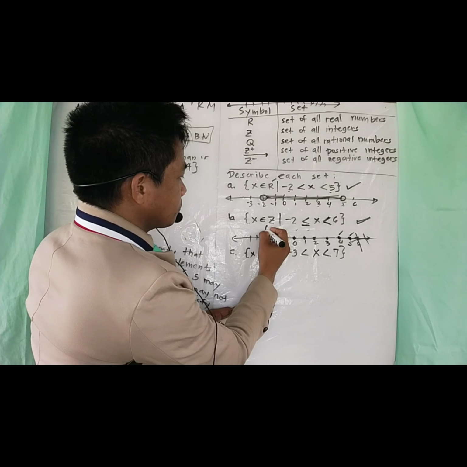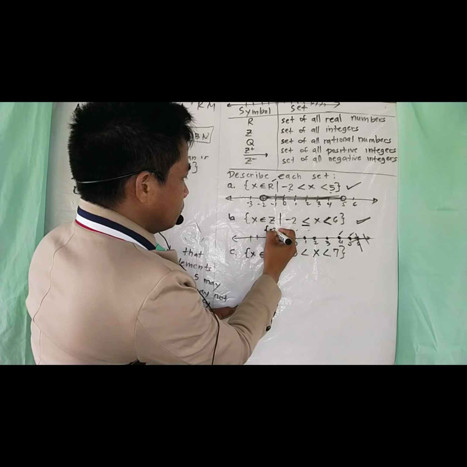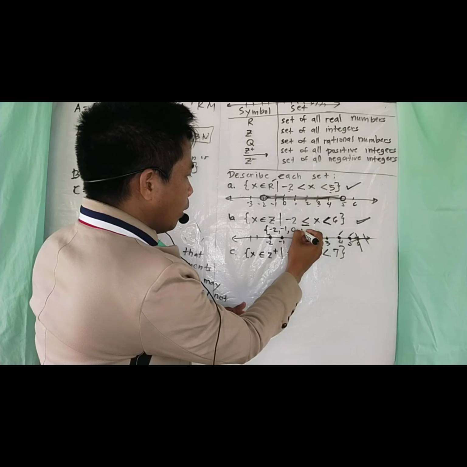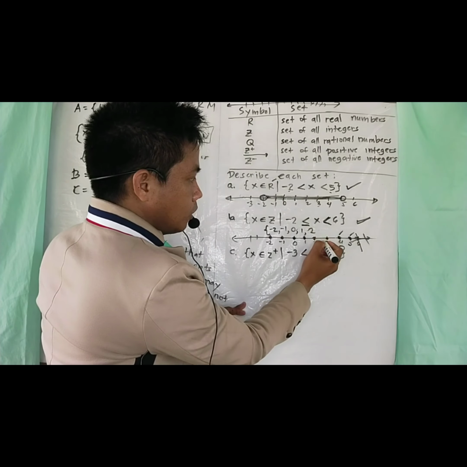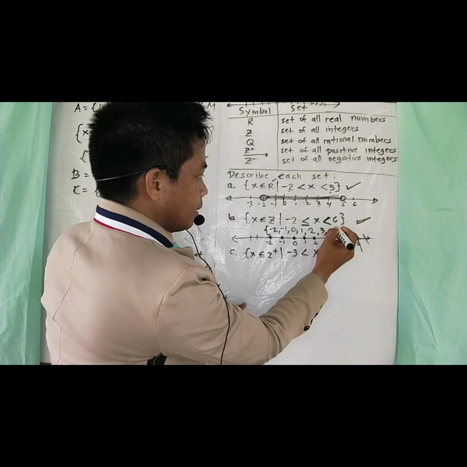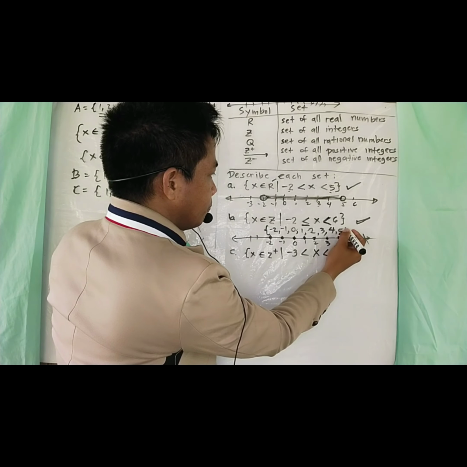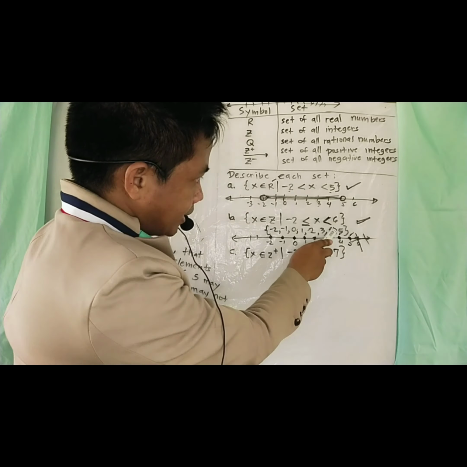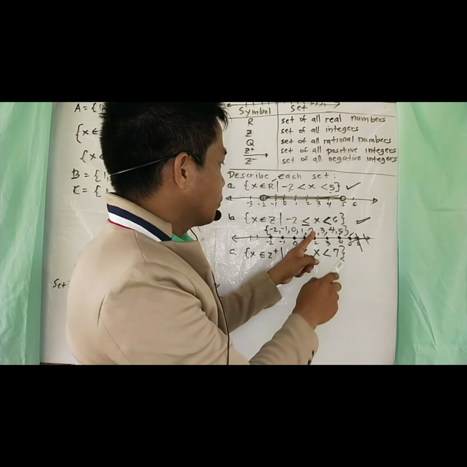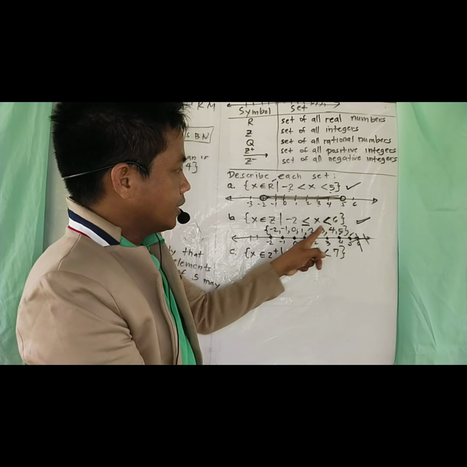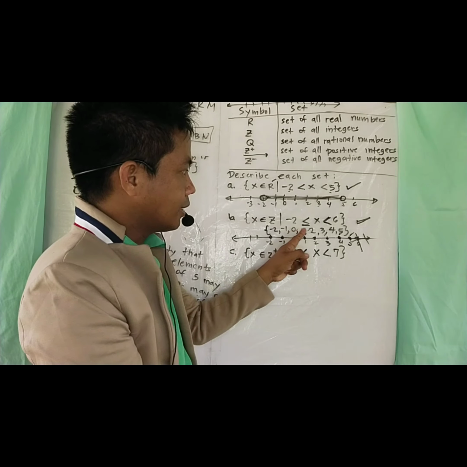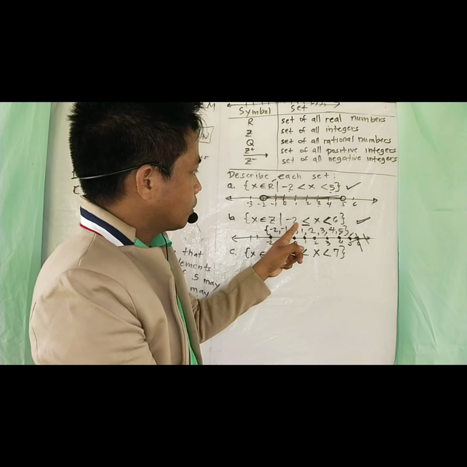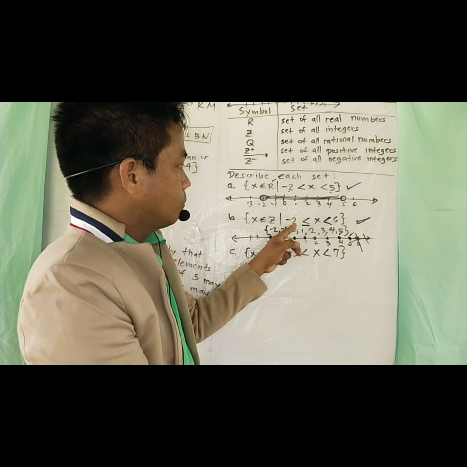So we have negative 2, negative 1, 0, 1, 2, 3, 4, 5. To check now, 5 is less than 6, 4 is less than 6, 3 is less than 6, 2 is less than 6, 1 is less than 6, 0 is less than 6, negative 1 is less than 6, negative 2 is less than 6, negative 2 is equal to negative 2.